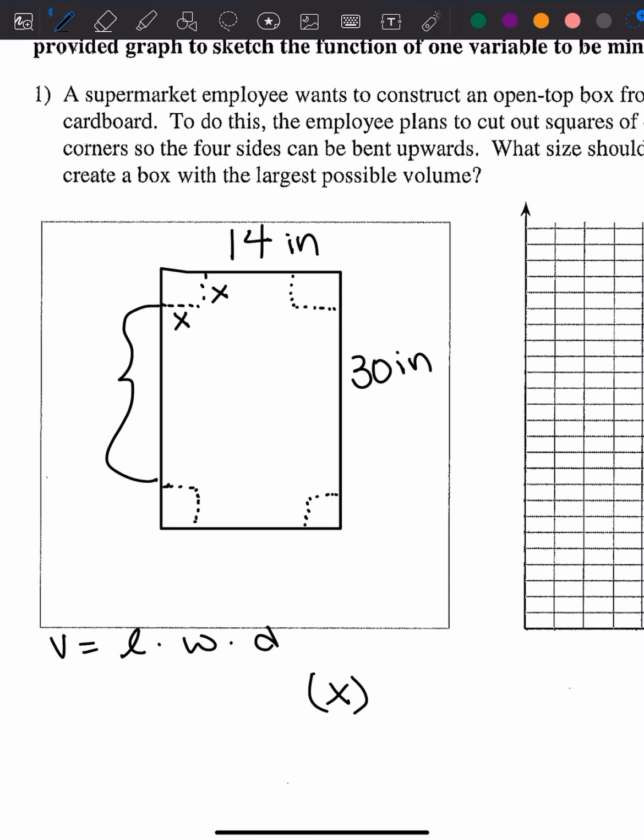So this piece in the middle, we know the whole thing is 30, but we're going to take out this piece and this piece. We are taking out the same amount from all four corners, so I know that this side is also going to be x. So the total is 30, and we're going to take away 2x's worth of those sides.